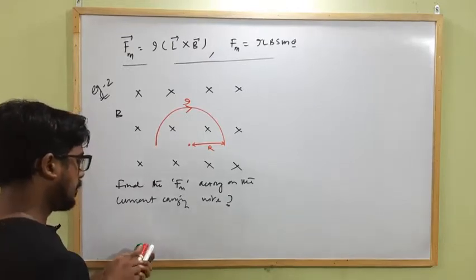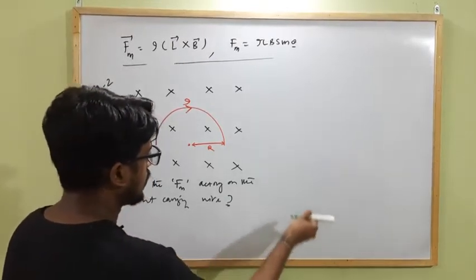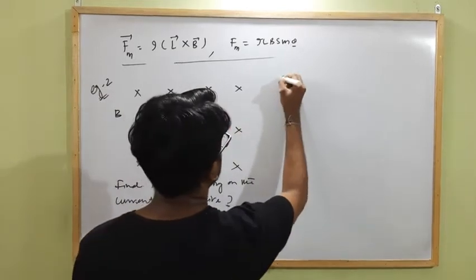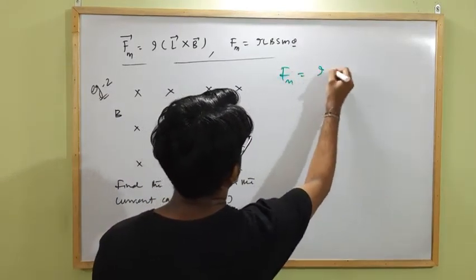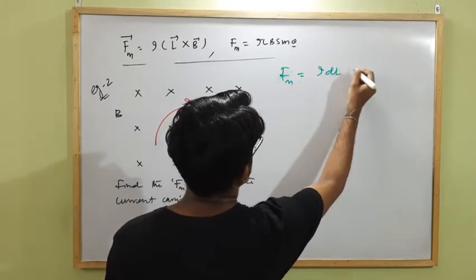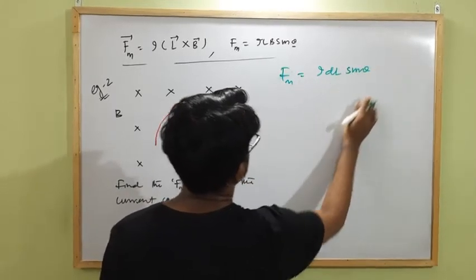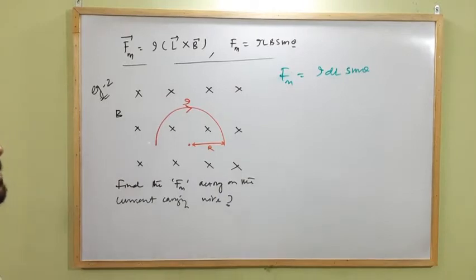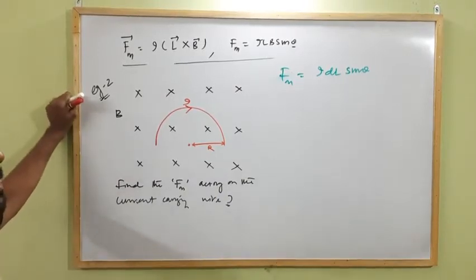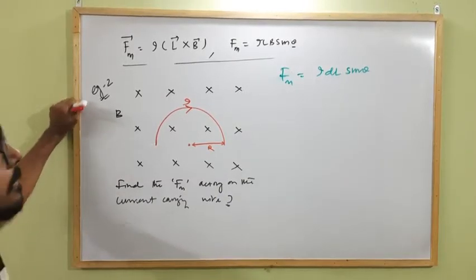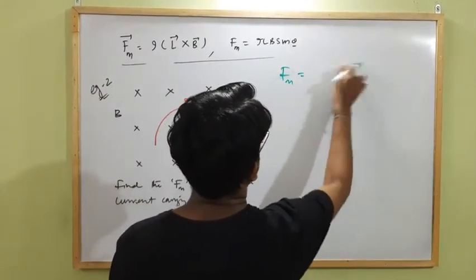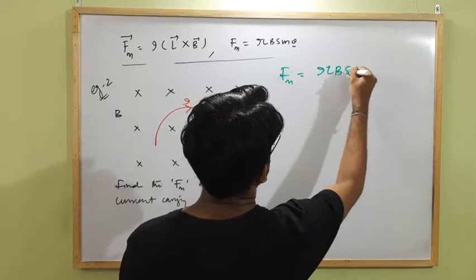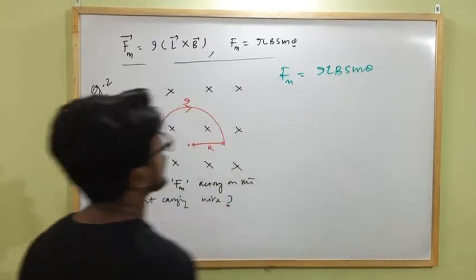For this, first let's consider a small segment. As we know, the magnetic force will be given as F equal to I L B sin theta.